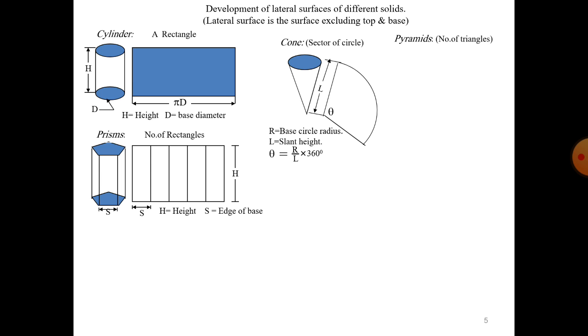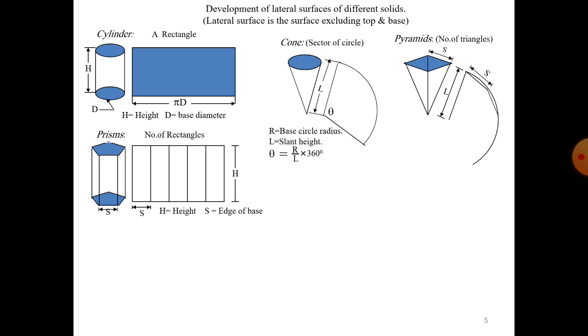Next is the pyramid. Similarly, a pyramid shows a number of triangles. L is the slant edge and S is the edge of the base. With the help of that, mark the number of slant edges in the development.